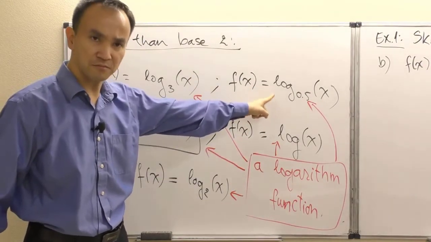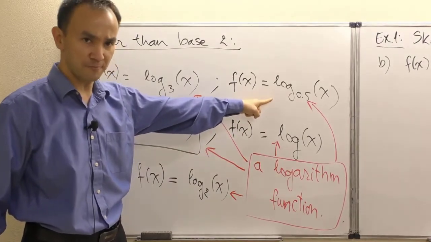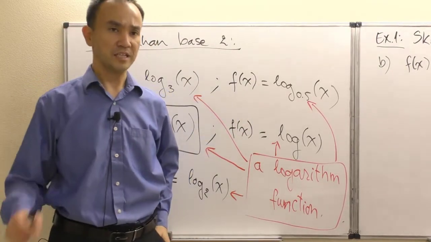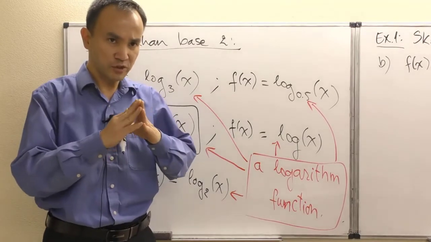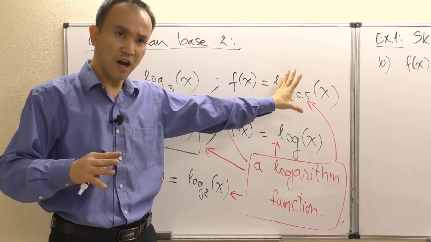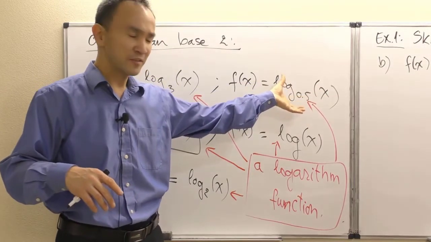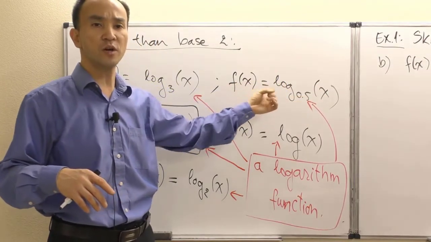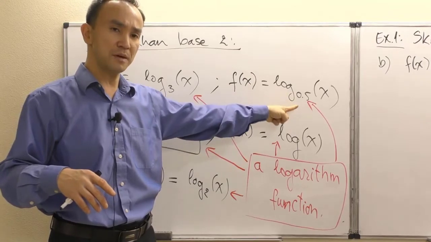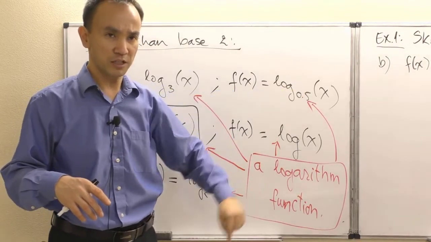I'm going to explore the graph of that particular function. We already learned that we can take the logarithm operation on any value, so we take that as a rule. Now I'm going to define a function where the rule states that we take logarithm base 0.5 of an input.